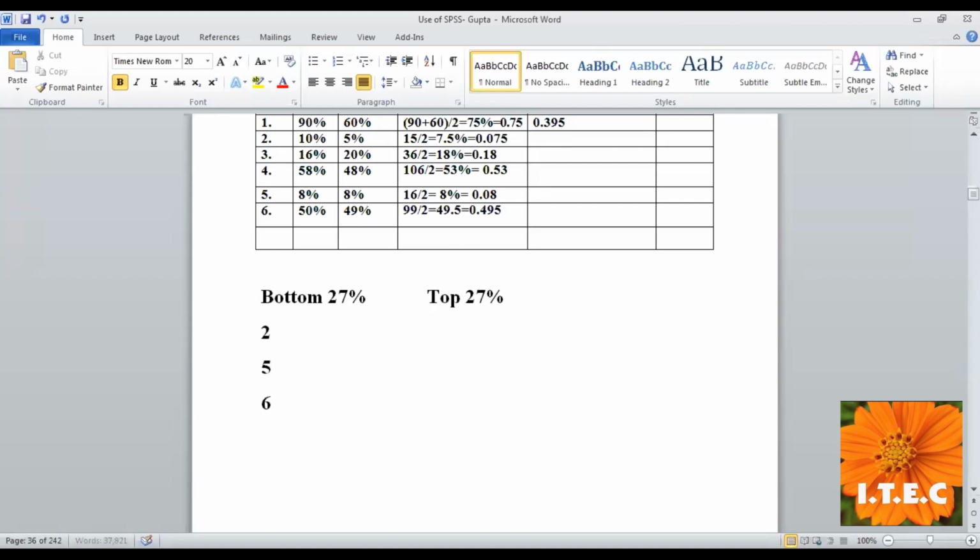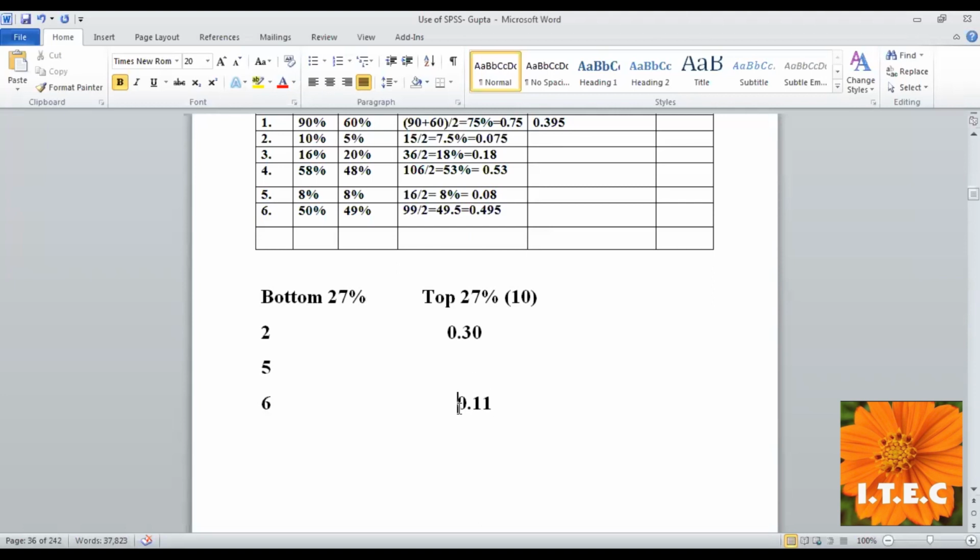Now, in the top, you have the top 10, and the value given here is 0.30. And the value given at 6 is 0.11.